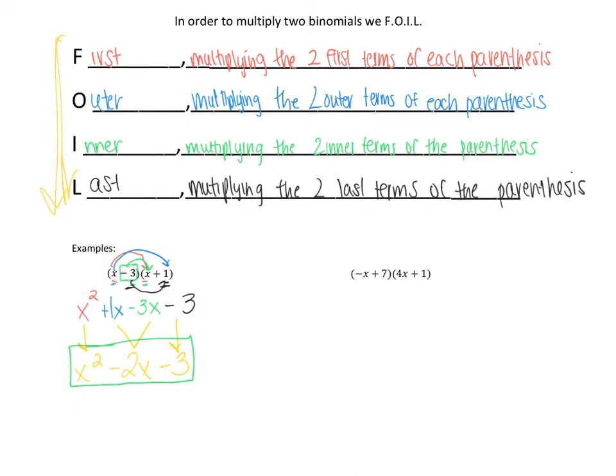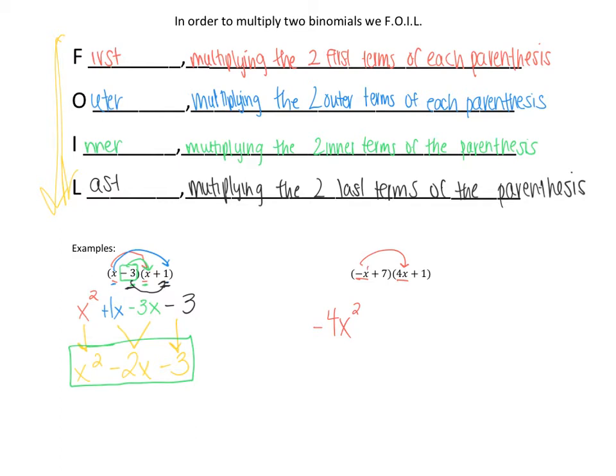I'm going to do the same thing with example 2, okay? I'm going to start with my red color, and I am going to multiply my first two terms, okay? So I have -x times 4x. And that gets me a -4x squared. Remember to put that square there. That's important.